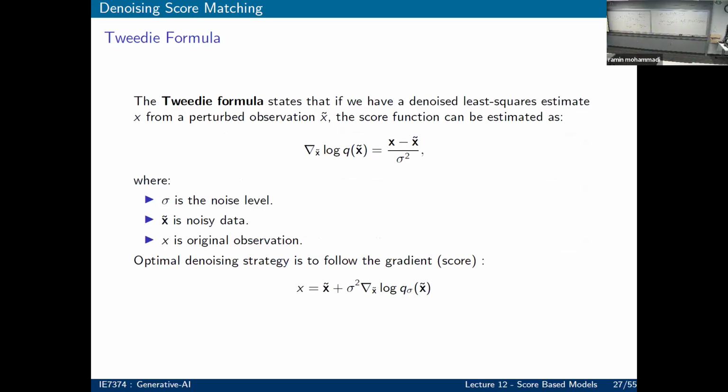So on the bottom, this technically is the 3D formula. In order to generate a real image, real image equals noisy image plus this value. And this value is the gradient vector field, the score, times the variance.